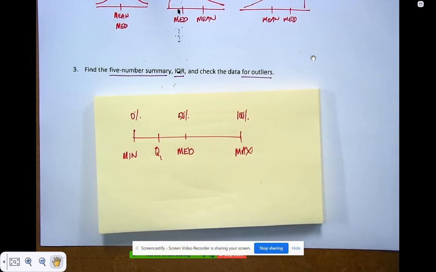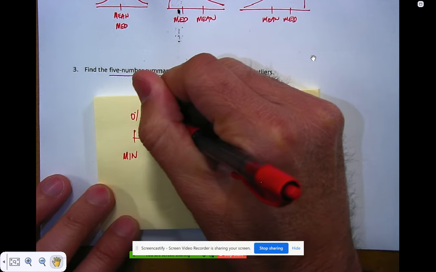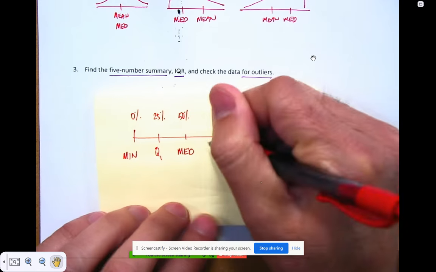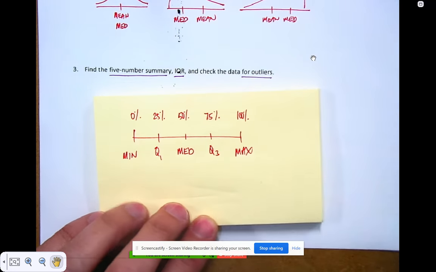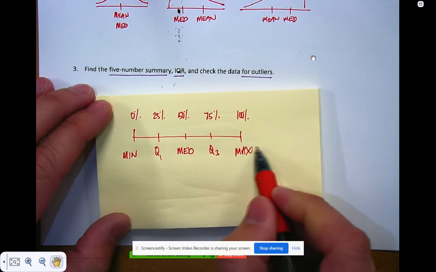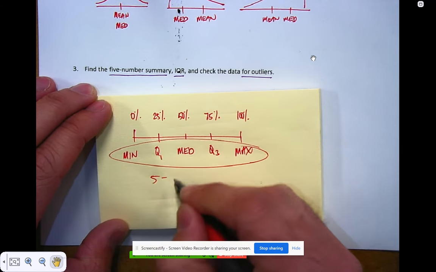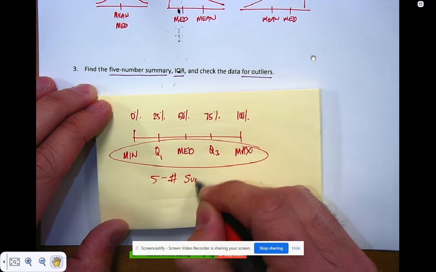Well, you guys are old enough now where you've dealt with money, you probably have jobs, you know that a quarter is 25 cents, a dollar is 100 cents. And so when I say the word quartile, it aligns itself with 25%. And then right here, we call this quartile 3, which would be 75%. This right here is what we call the 5-number summary.